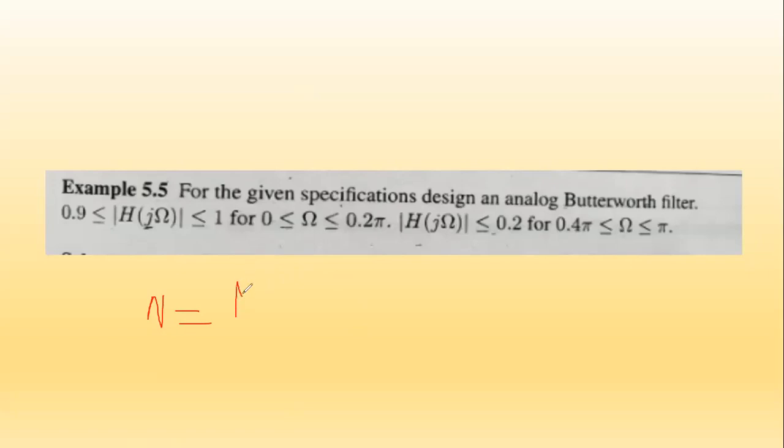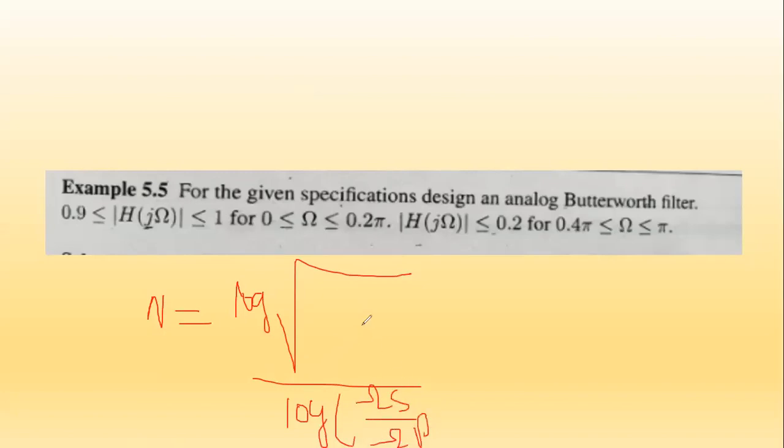The formula is n equals log of under root of (10 raised to 0.1 alpha s minus 1) divided by (10 raised to 0.1 alpha p minus 1), divided by log of stopband frequency divided by passband frequency. Here alpha p is the passband attenuation and alpha s is the stopband attenuation.